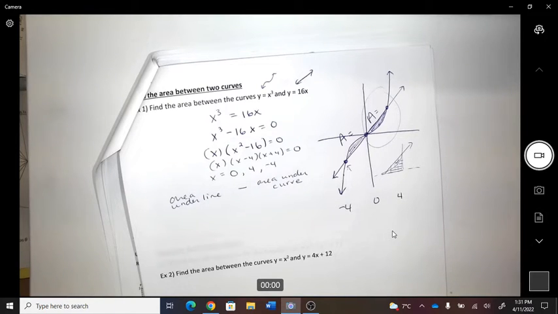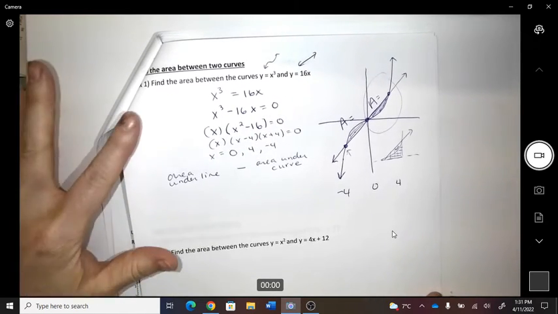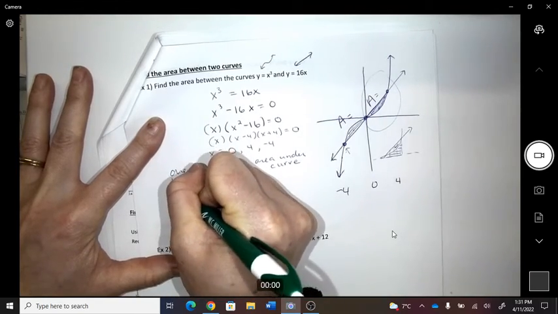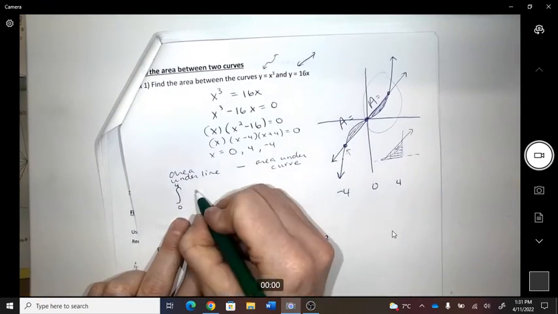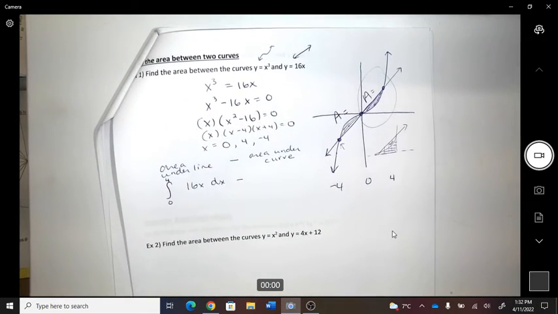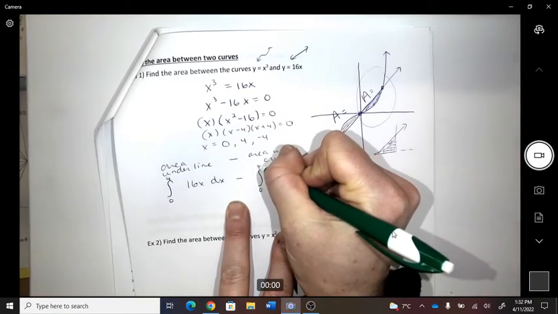Okay, so I'm going to show you two ways and you can pick which way. Alright, so the area under the line from 0 to 4, so that's that, and the area under the curve.